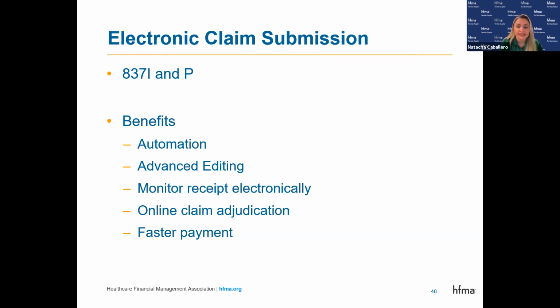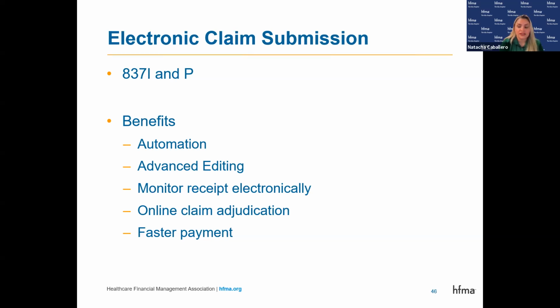The benefits of electronic submission are as follows. The submission, receipt, and processing of the claim is automated, thereby eliminating mail time and reducing data entry time at the payer. The system editing functionality reduces the time spent when a claim is rejected, returned, and resubmitted.